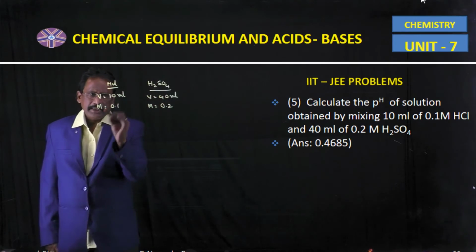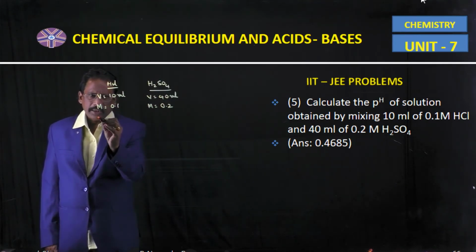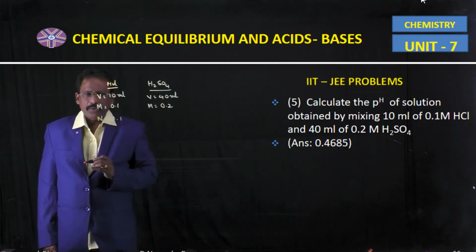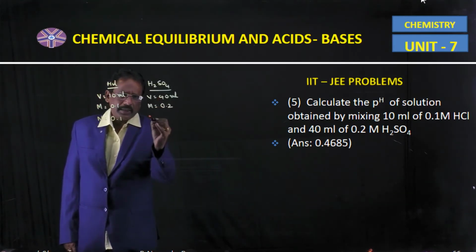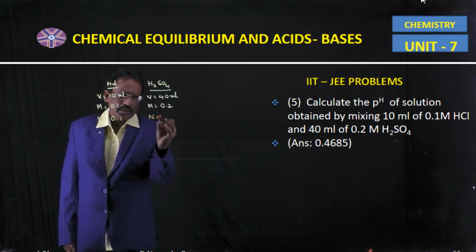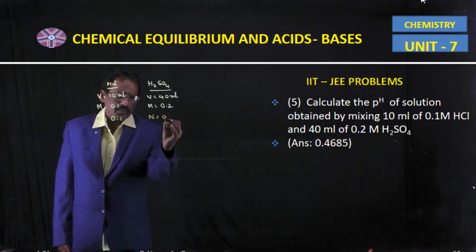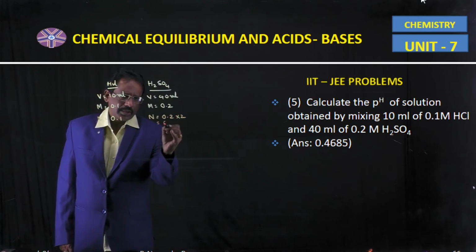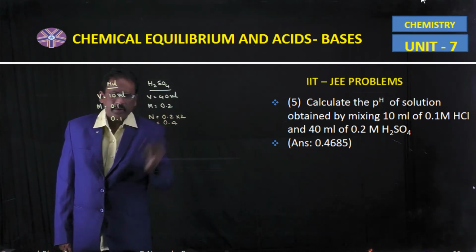Now for this HCl solution, normality is also equal to 0.1. For this sulfuric acid solution, normality is equal to 0.2 into 2, that is equal to 0.4.